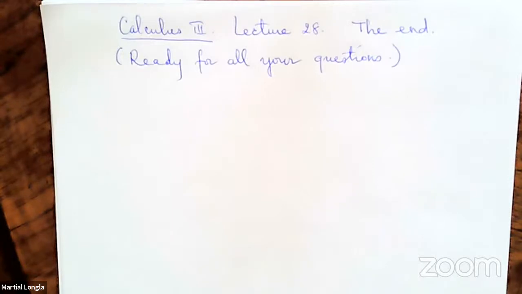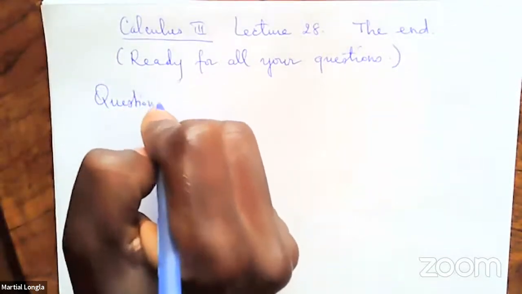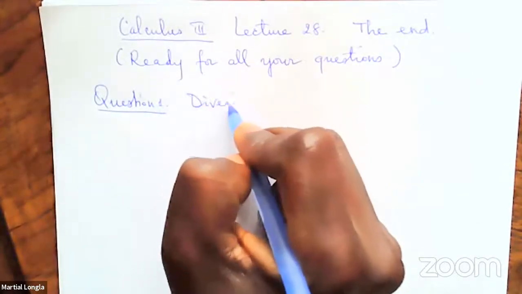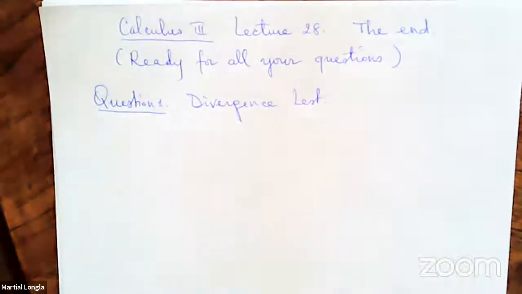Do you mind going over divergence tests and whether something is monotonic or not? Give me an example. First of all, the divergence test is used only to decide that a series is divergent.